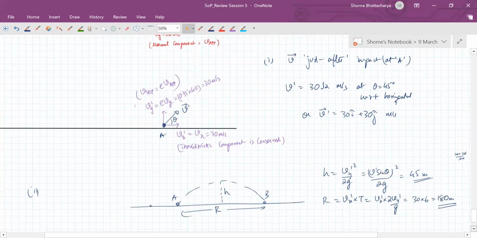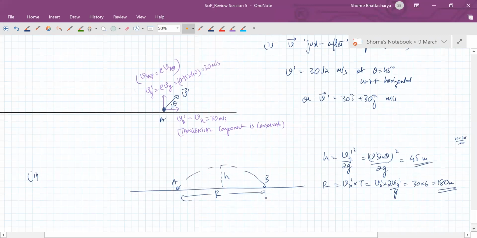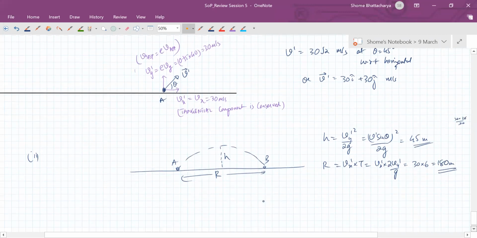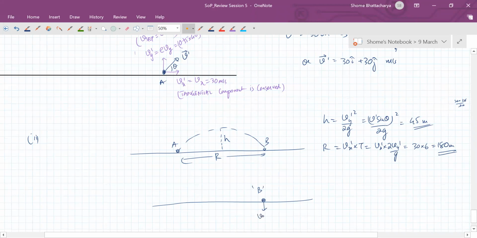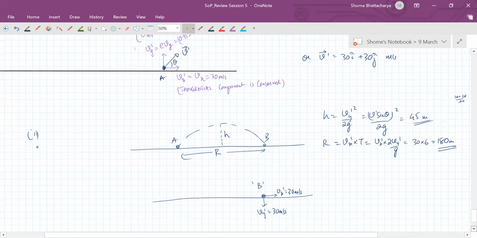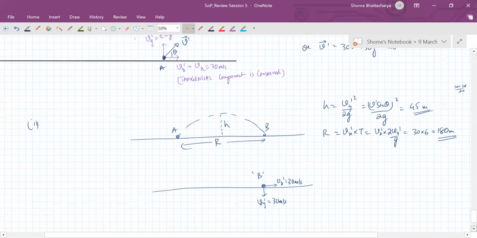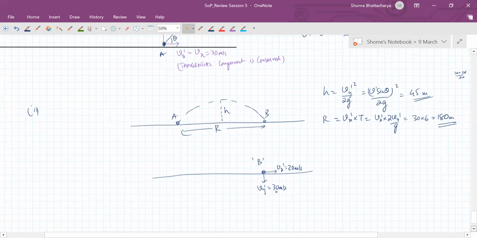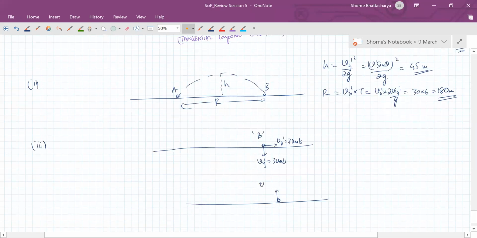And then we can see that at B, the impact velocity will be like this. This is the same as the projection velocity from the point A. So immediately after impact at B, this will become e times the approach velocity.